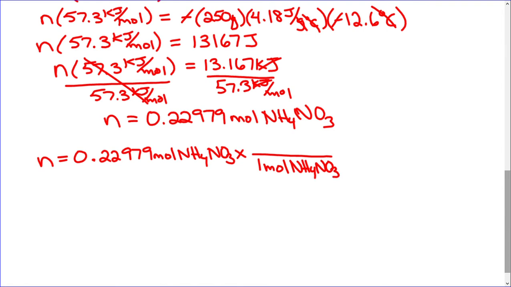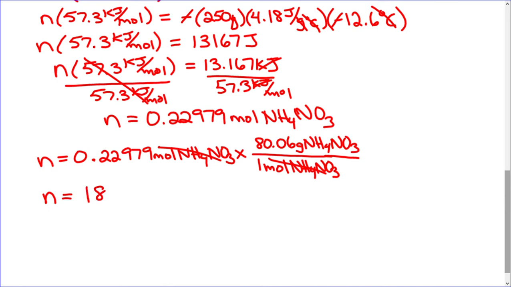So I need to go to the periodic table, and I need to add up 2 nitrogens, 4 hydrogens, and 3 oxygens, and come up with a total. And when I do that, it looks like I get 80.06 grams of NH4NO3.